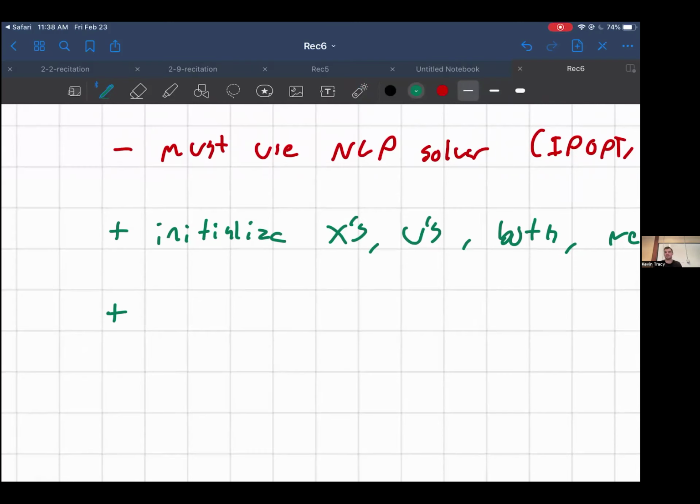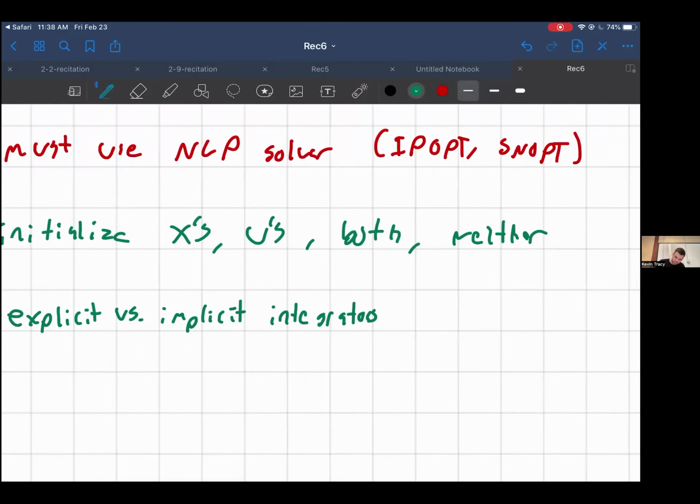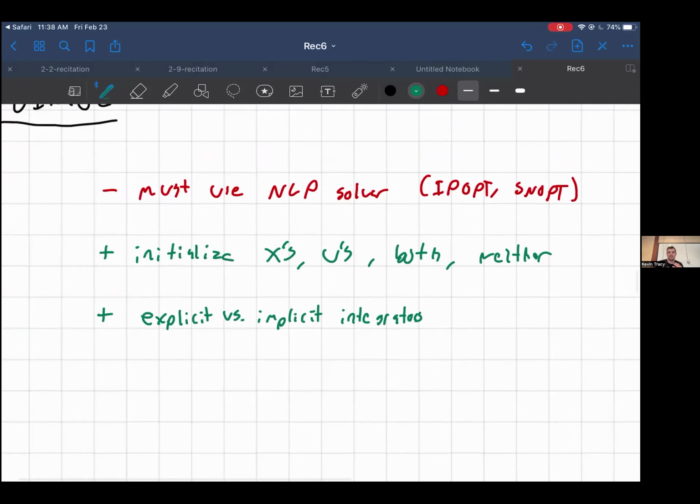Next thing, and we're going to see this in a second, is that I can use implicit or explicit integrators, and they both work just fine. Basically, the solver doesn't care.